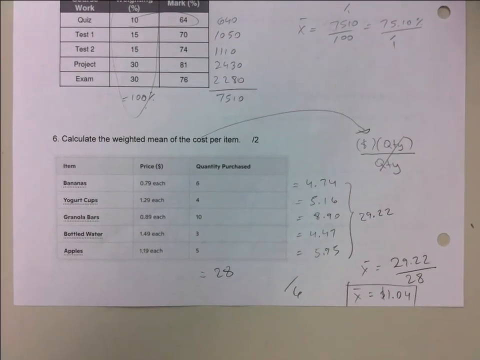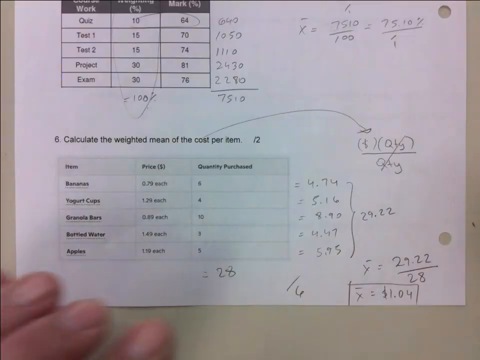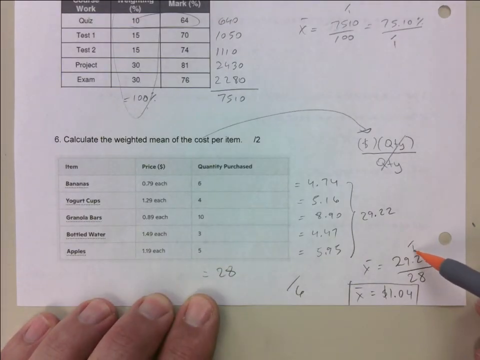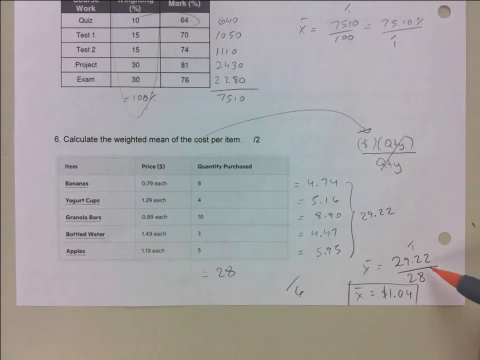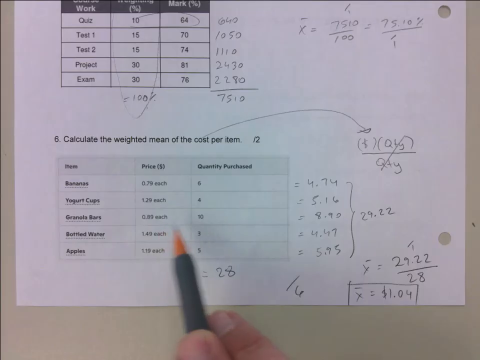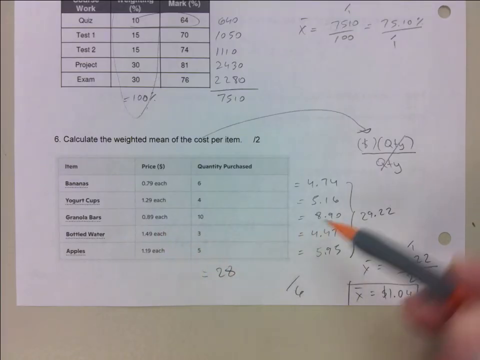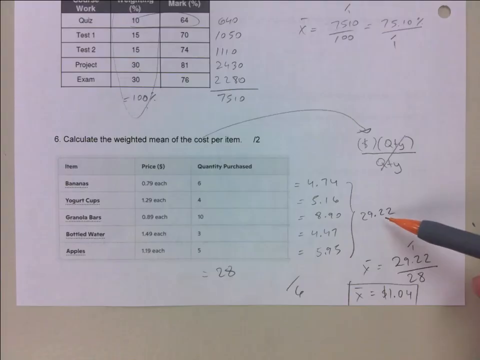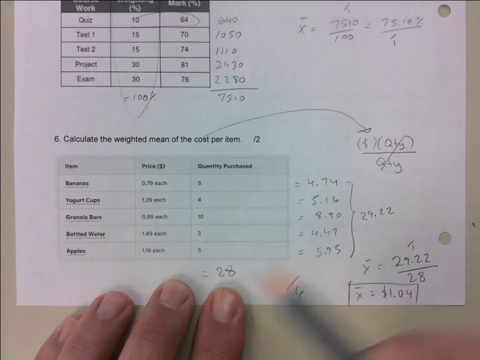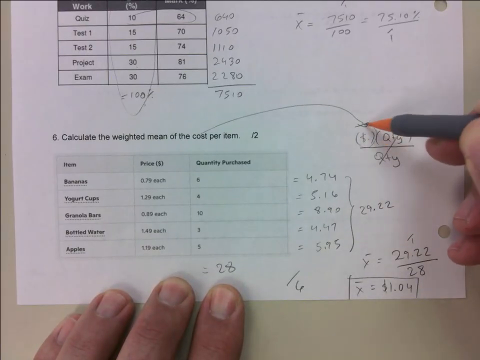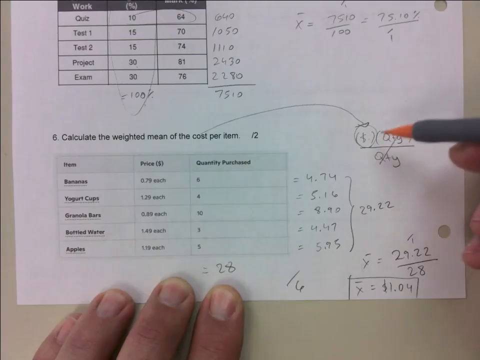Next, you have another weighted mean. So you'll get a mark for the 29.22. You get a mark for that, which you get if you multiply everything across. That's the M part. Then you add, that's the A, and then divide by 28. Why is that? I wanted the average cost. And you've been multiplying cost and quantity this whole time.